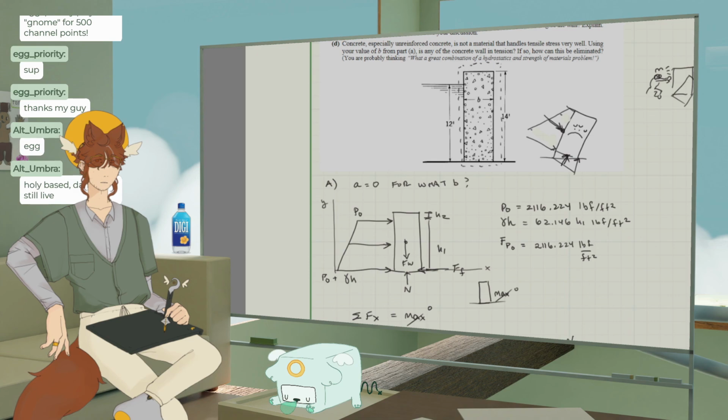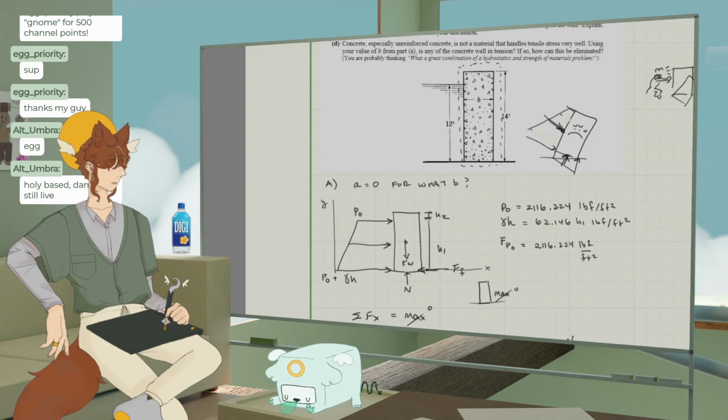So with depth. Pressure only varies with depth, which means that the pressure would be the same if we went in 3D and we went back along the wall. And that means that our force would be the same if we went along the back wall.